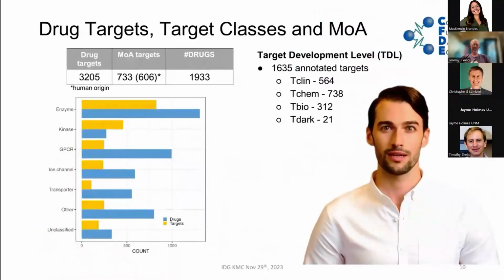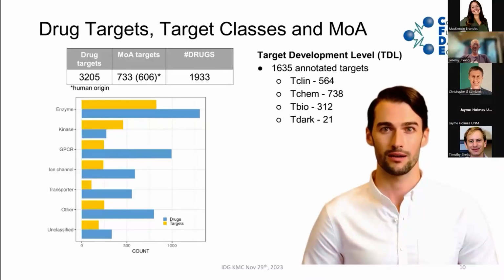In our DrugCentral database, we have 3,205 drug targets, 733 MOA targets, 606 of which are of human origin, and 1,933 drugs. The chart below shows the distribution of drug targets and drugs across various classes, including enzymes, kinases, GPCRs, ion channels, transporters, and others.